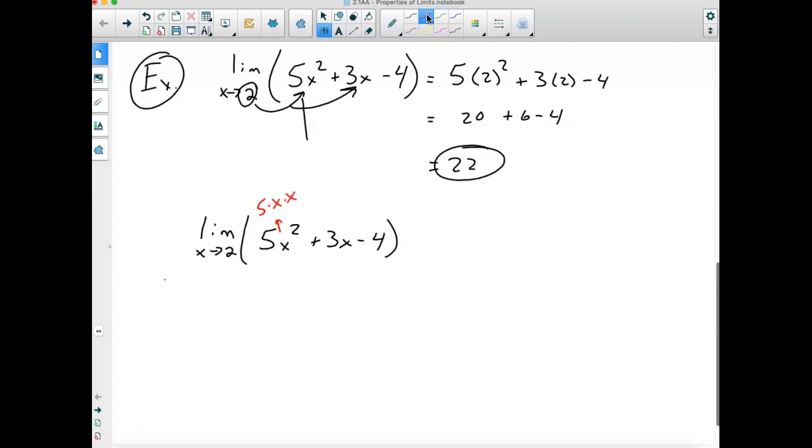So that just means I can take the limit as x approaches 2 of 5 times the limit as x approaches 2 of x times the limit as x approaches 2 of x plus the limit as x approaches 2 of 3 times the limit as x approaches 2 of x minus the limit as x approaches 2 of 4.